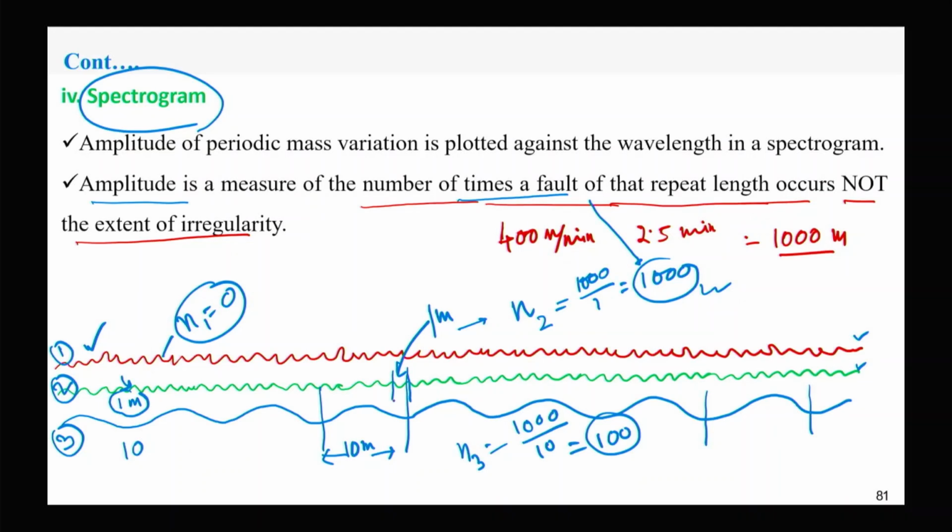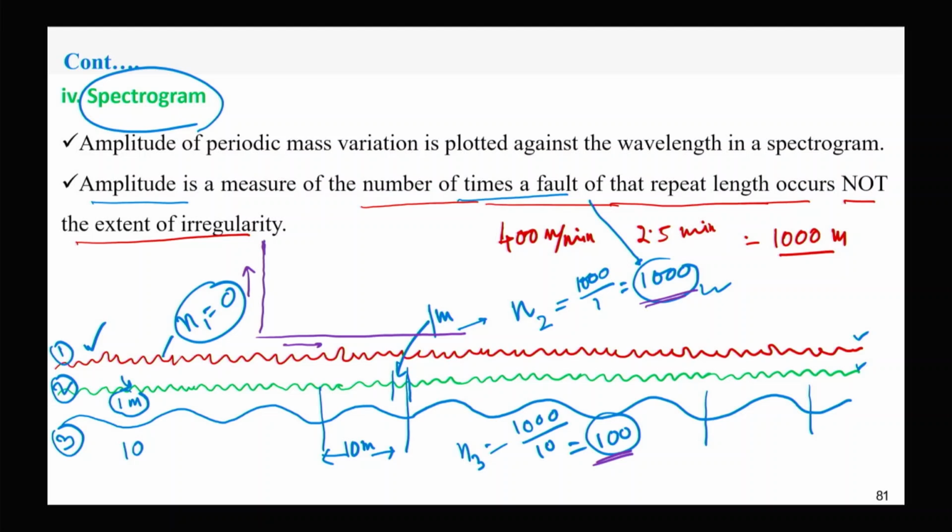So, for yarn 2 the number of occurrence is 1000 times, thousands are the number of faults, and for yarn 3 it is 100. Now, if we see a typical spectrogram, in x axis it is wavelength, y axis is the amplitude.